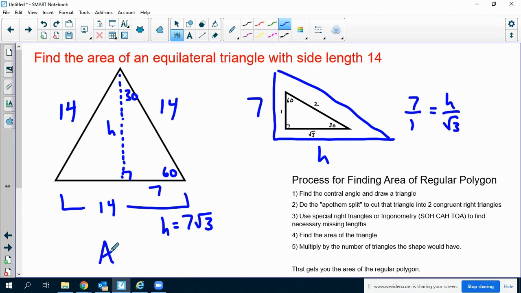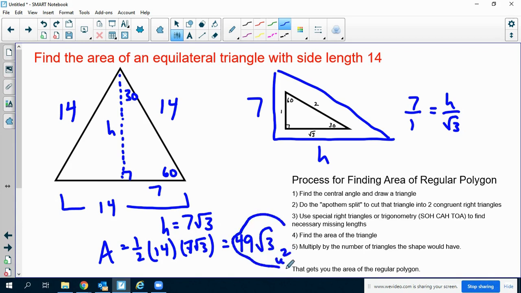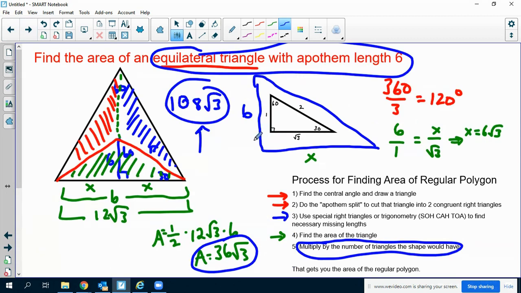So the area of the entire triangle, because this height represents the height of the entire triangle, is 1/2 times base, which is 14, times height, which is 7 root 3. So the area of this is going to be 49 square root of 3 units squared. And by the way, on the last problem, I should have put units squared with my answer.